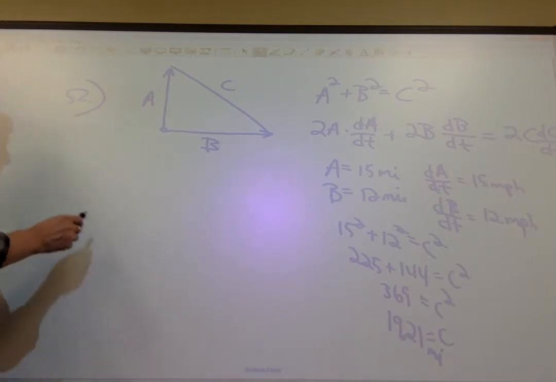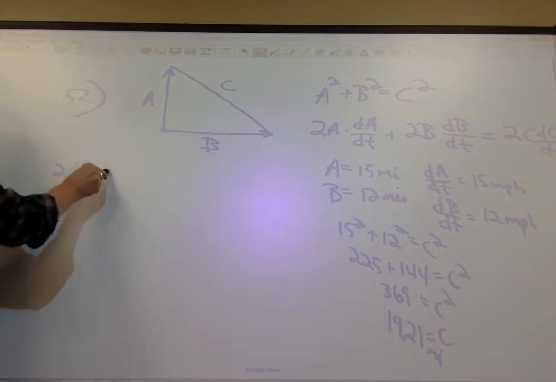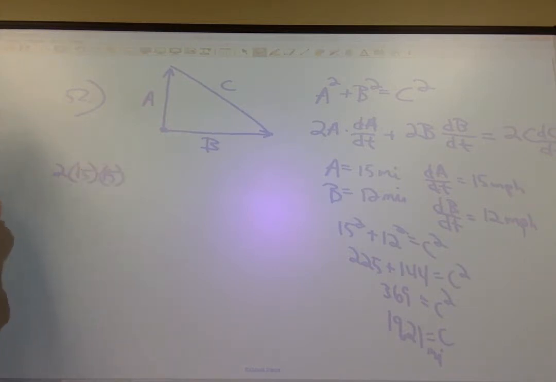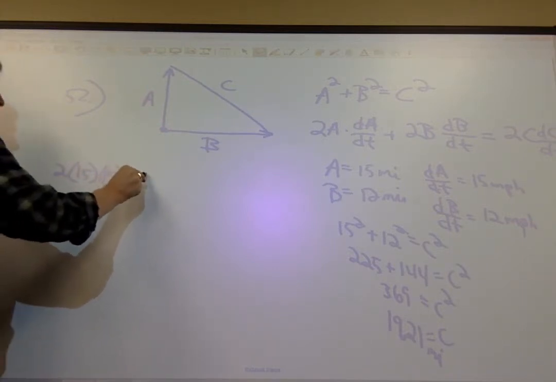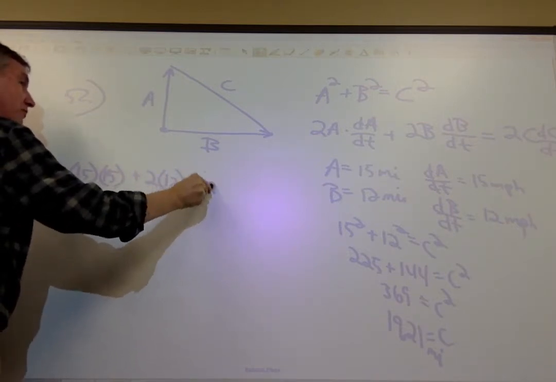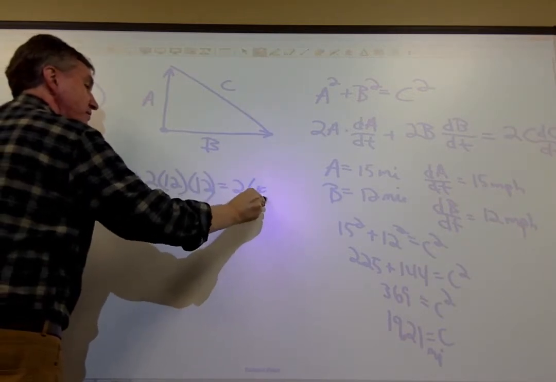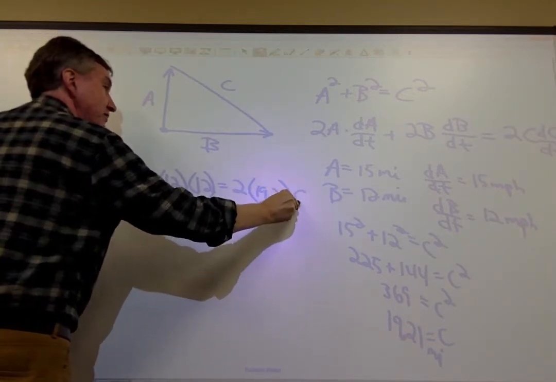Let's see. If I plug in now, 2 times 15 miles times 15 miles an hour plus 2 times 12 miles times 12 miles an hour equals 2 times 19.21 times dC/dt.